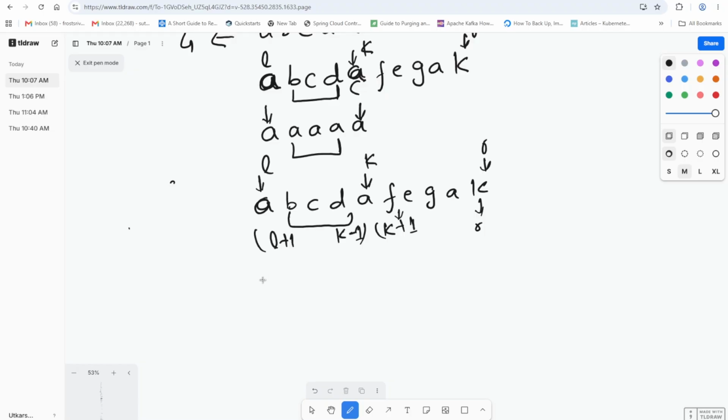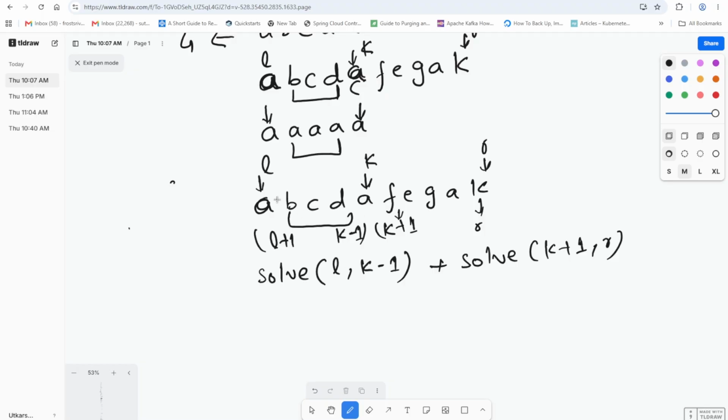So can we say that in our recursive call, suppose solve is there, we can print from L to K minus 1, plus, in the other recursive call we can print from K plus 1 to R. See, why not K?